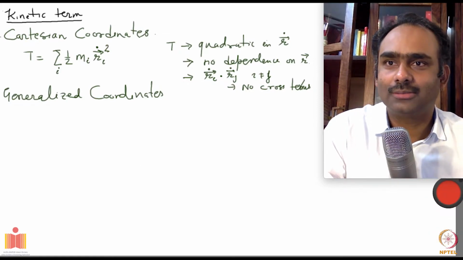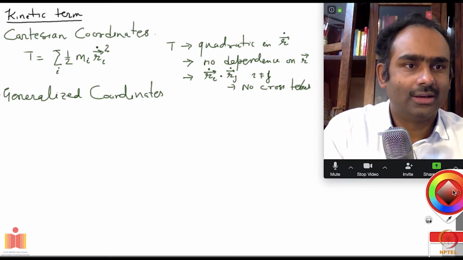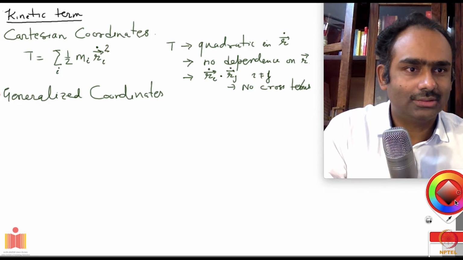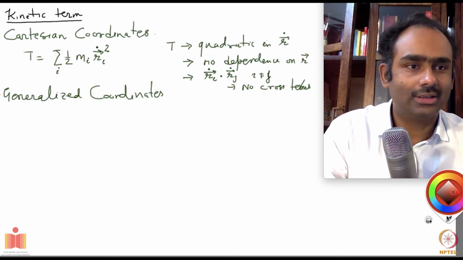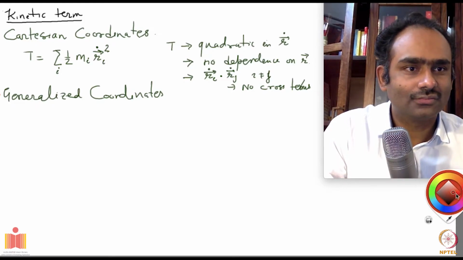I don't know why I'm making it colorful, but let's see. Okay, good. Now I don't know how to get the green back. Oh, that's sad. Yeah, here is the green.